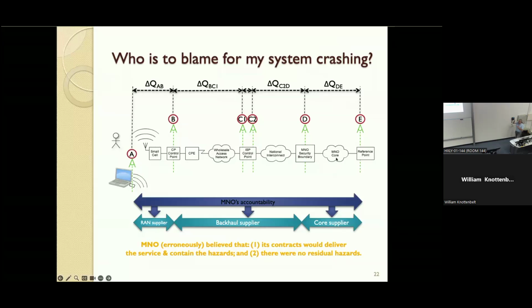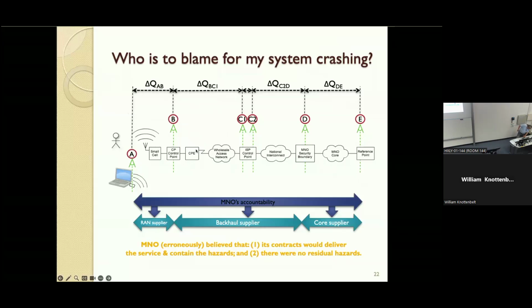So basically, you're stepping towards the MNO core from A to E, and then to the reference point E, and then you go back in the opposite direction to connect to the other user. Okay, so all of these parts are not directly owned by the MNO, by this big company.